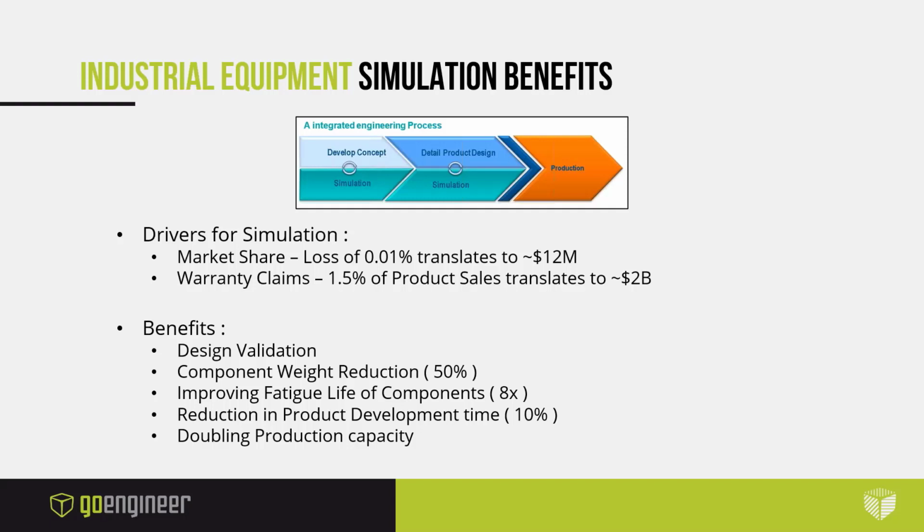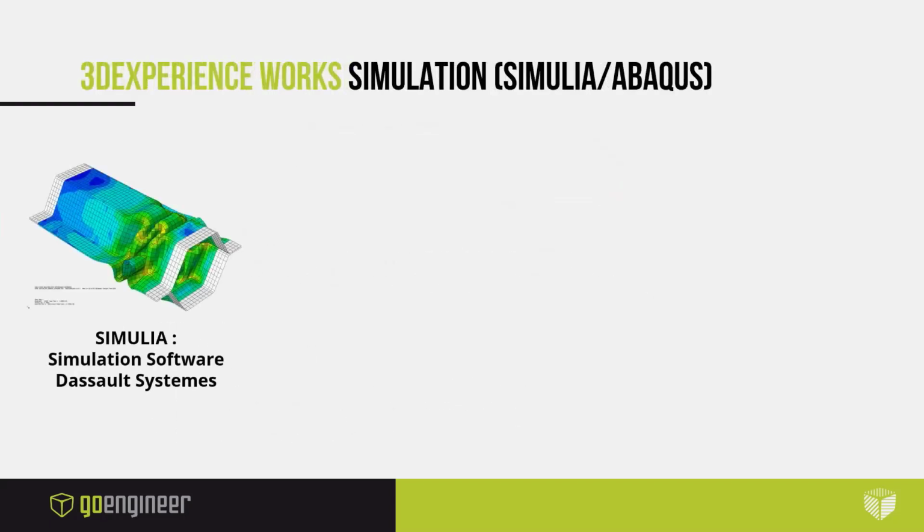Besides that, there are also benefits on the production end, because you're reducing product development time, and you're able to take advantage of that by increasing production capacity and product throughput. So these are some of the reasons why simulation is popular, and specifically why our simulation tools are very popular. We are going to focus today on the simulation portfolio from Dassault that's implemented on the 3D Experience platform.